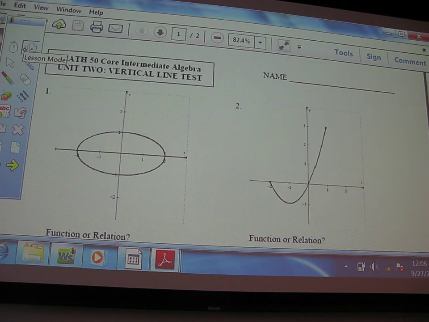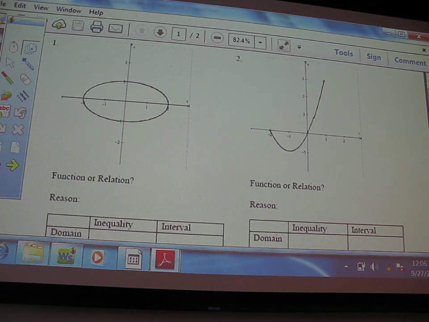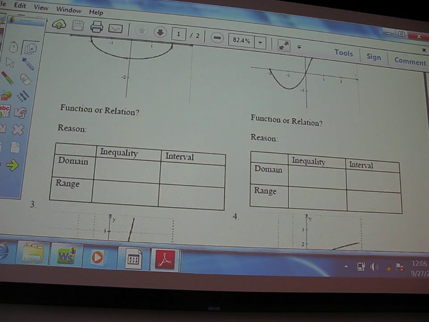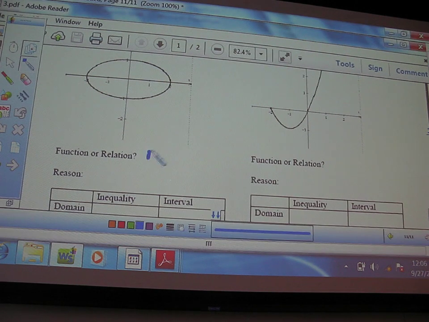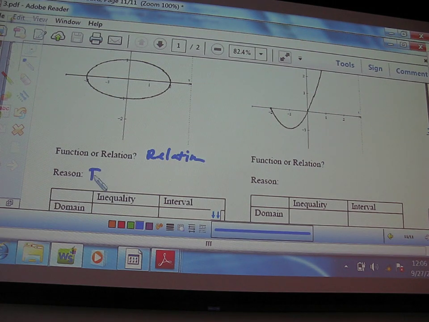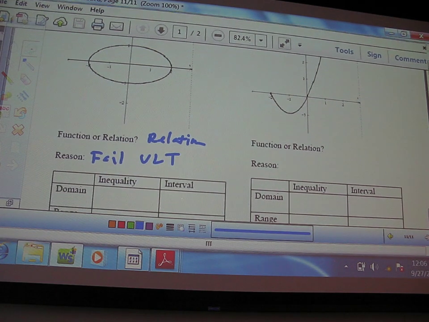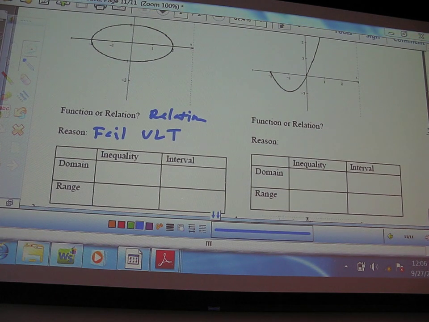All right, so this top one, is it a function or is it a relation? We said it was a relation. Why? You can just put fails VLT, vertical line test. The VLT. What's my domain?